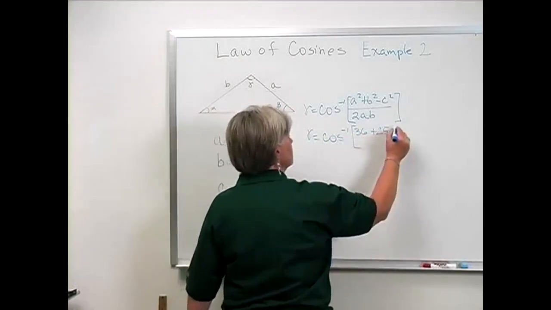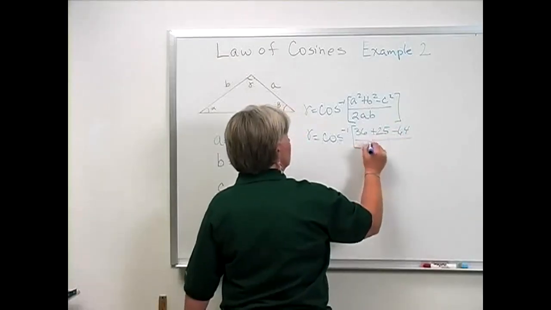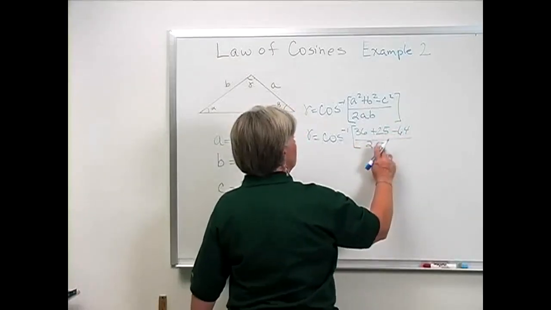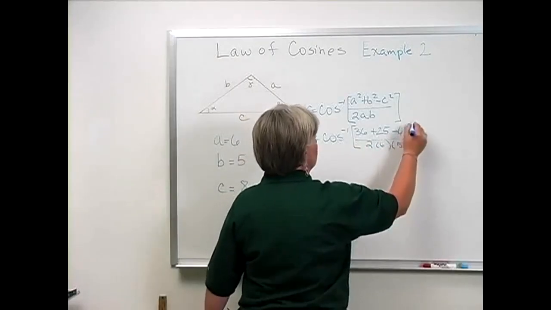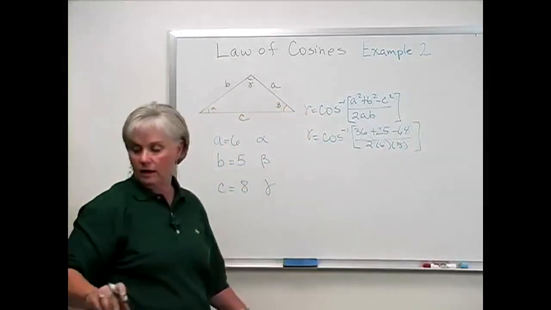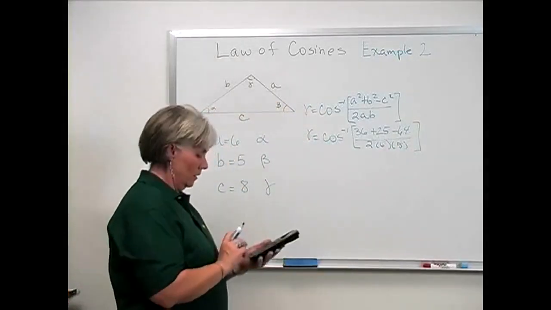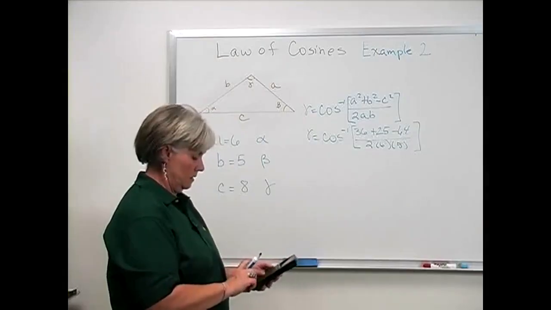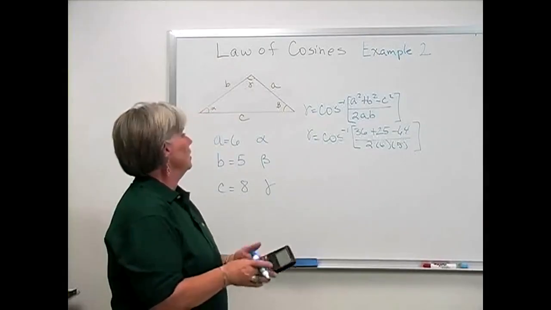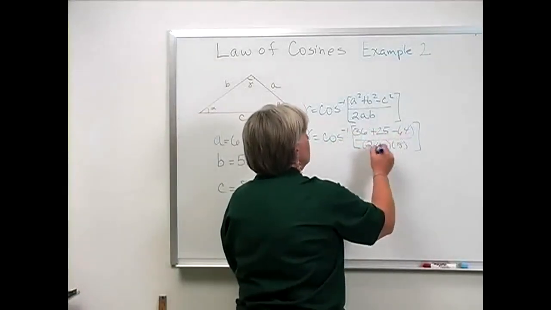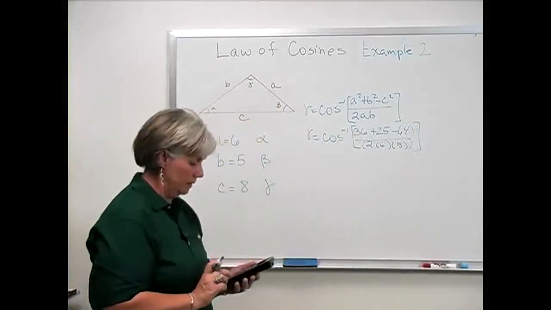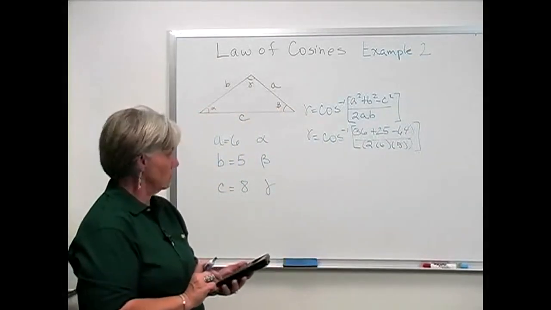C squared is 64. Divided by 2AB. A is 6 and B is 5. All right, so we're going to put that in our calculator and find out what it is. So it's cosine inverse again. Make sure you put parentheses around the numerator and the denominator when you're putting this in your calculator, or you won't get the correct answer.